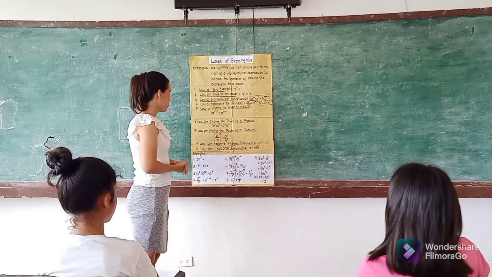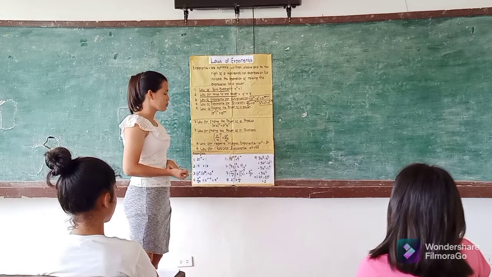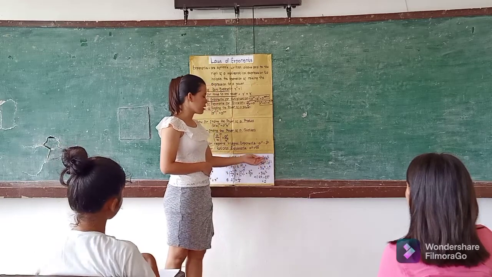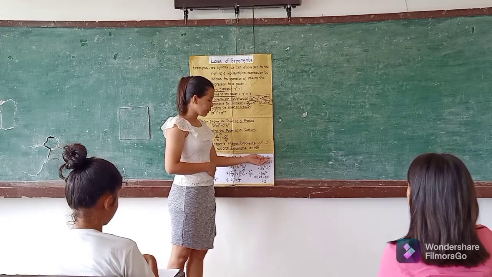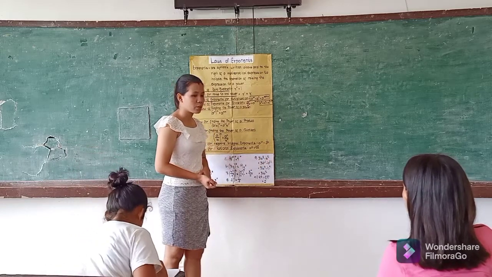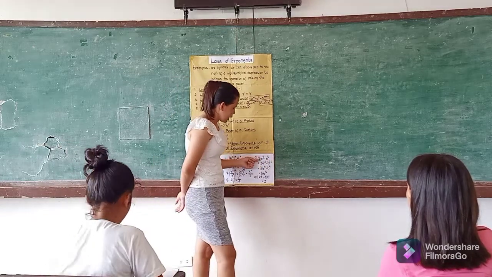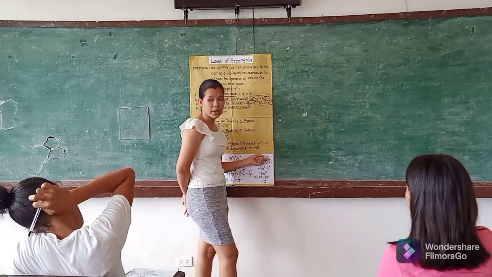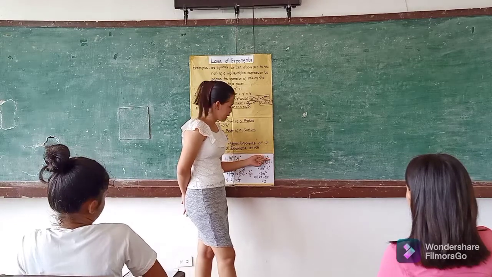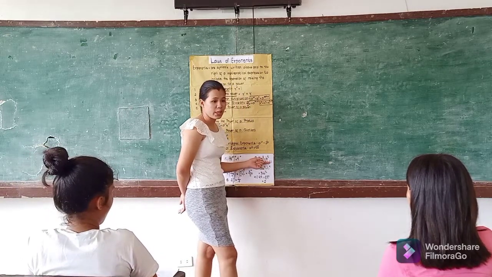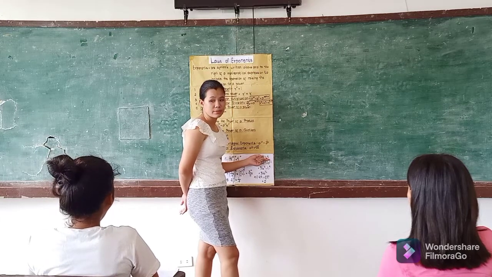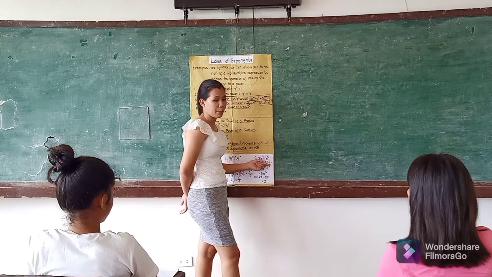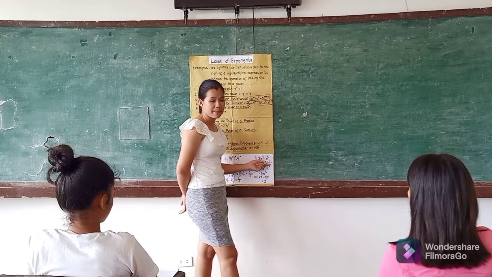Okay, another example for the law for rational exponent. We will add our exponents. In adding the exponents, they should have the same denominator. To get the same denominator, we multiply by a number that results in the same denominator.